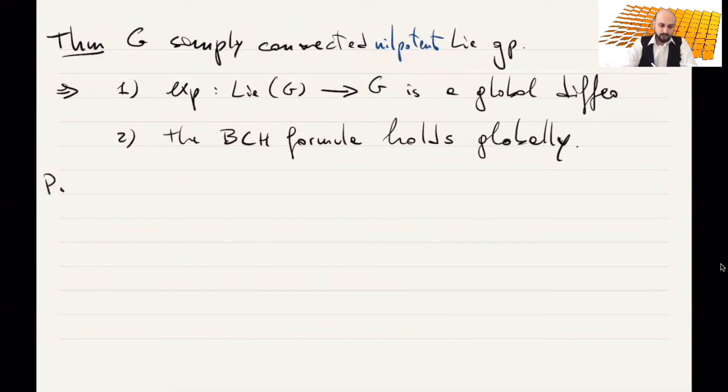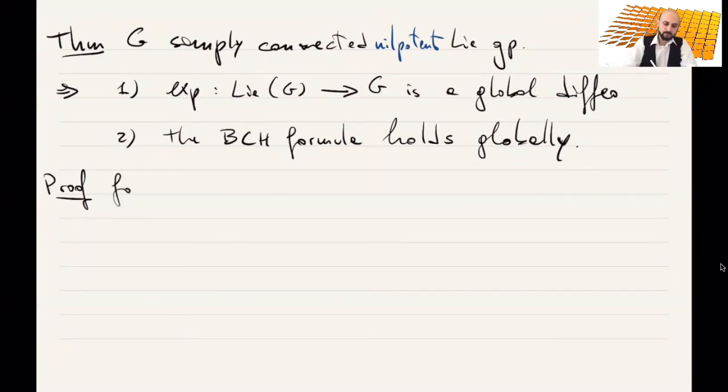So it's true in general, but I will only give the proof for Lie groups that are a subgroup of the group of nilpotent matrices. By Birkhoff theorem, this covers the general case, but we haven't proved Birkhoff's theorem.